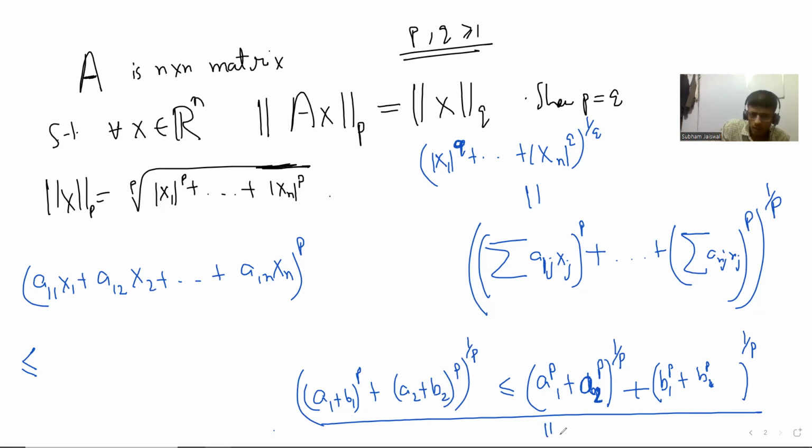Minkowski's inequality is just saying that you have a vector A, and you're taking its p norm, some kind of distance, and some kind of distance. Then by just triangle inequality, a vector, right? So can we apply this kind of thing here?